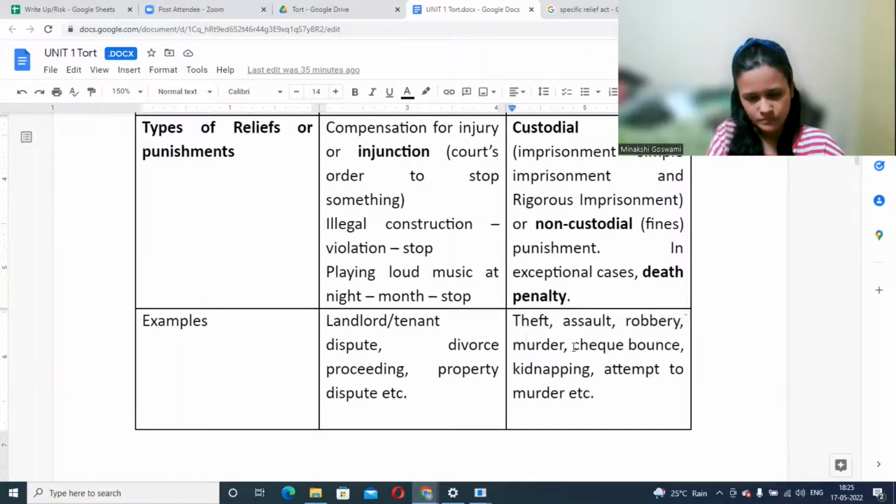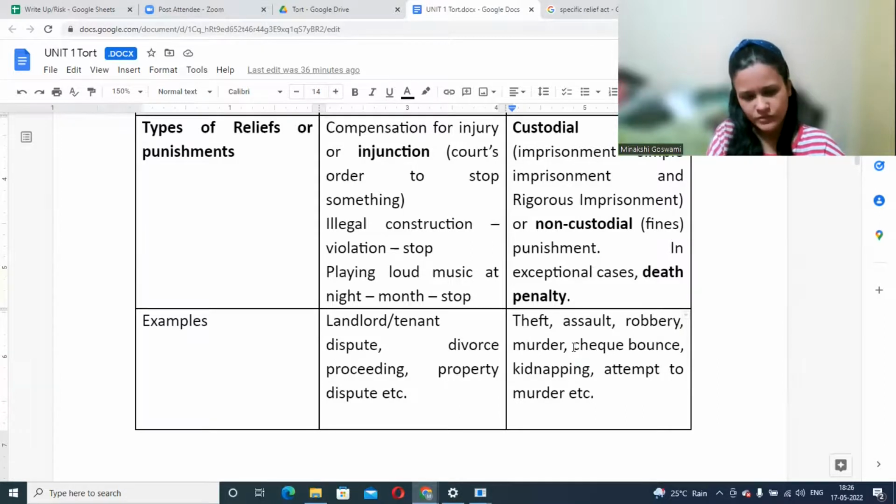Or just imagine I've taken 5 lakh from you as a friendly hand loan, and I've given you a blank check with an agreement saying I'll return it within 6 months. Now 6 months got over, I didn't return it yet. So you will go to court, putting this criminal case on check bounce. The court will go through the procedure and prove that I have to give, and then execution comes. I will not have money, or I will not accept to give money. Then one day court will send me to jail, right?